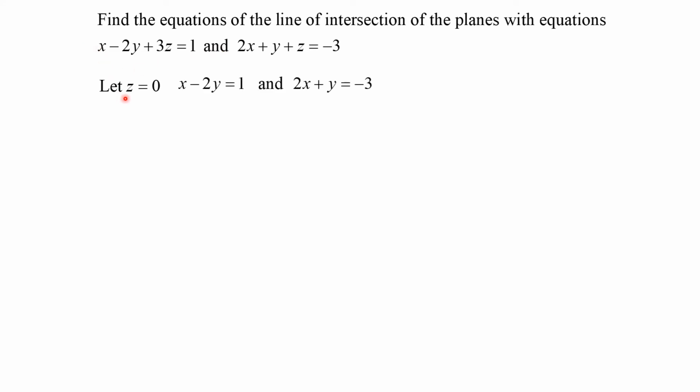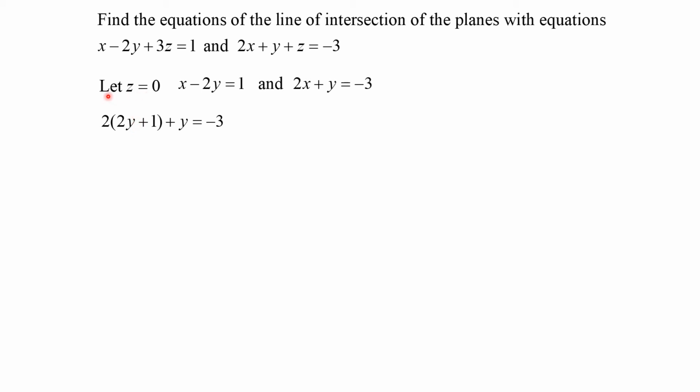So you will reduce your equations to x minus 2y equals 1, and 2x plus y equals -3. So you eliminated the z. Now you have two equations in two unknowns, so you can solve them.